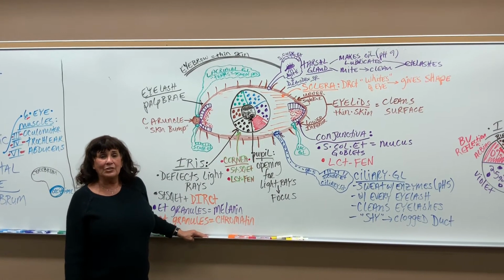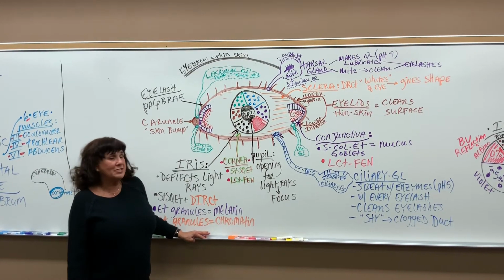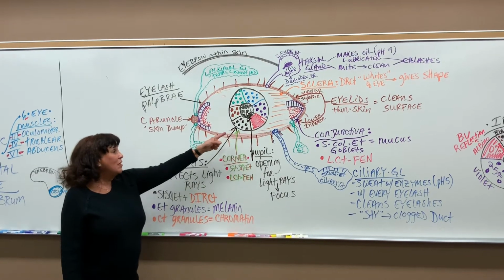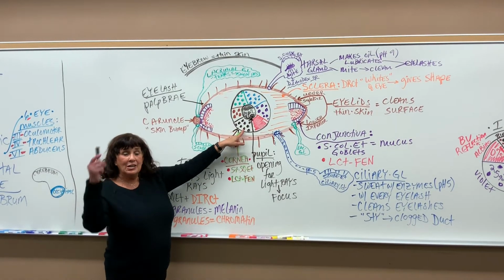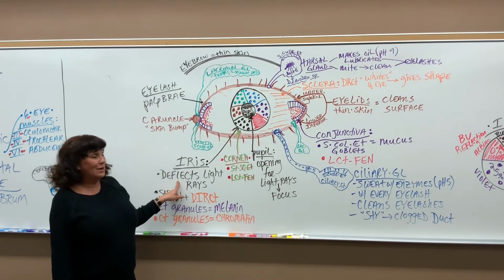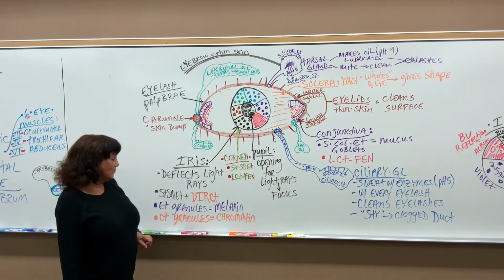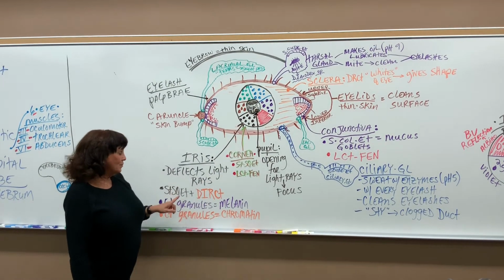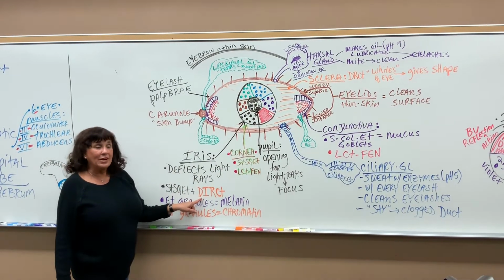They're melanin granules, ET granules, or they're CT granules called chromatin granules. The amount of granules that you have in here deflects the light rays. And so that's the function for the iris, is deflection of the light rays. This is made out of stratified squamous ET and dense irregular CT.